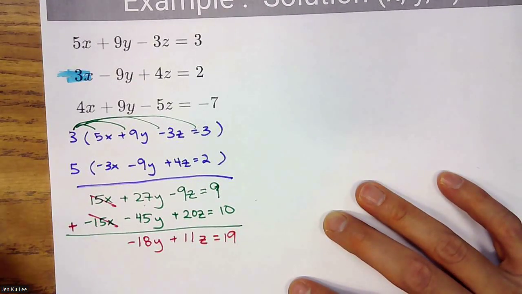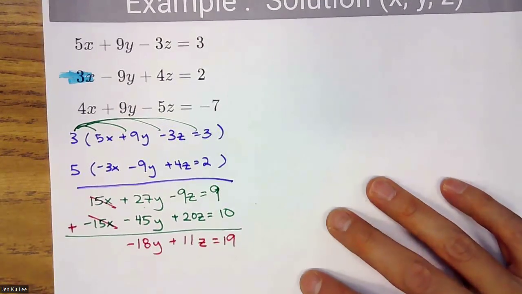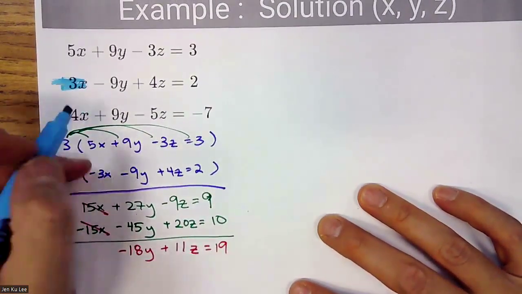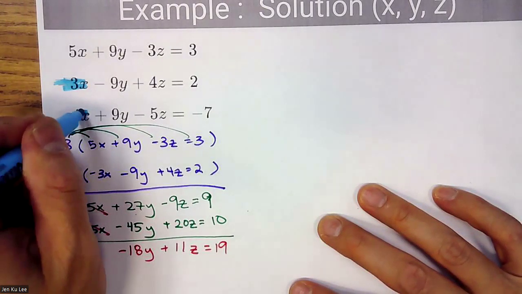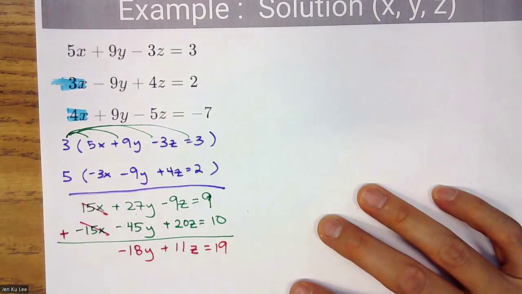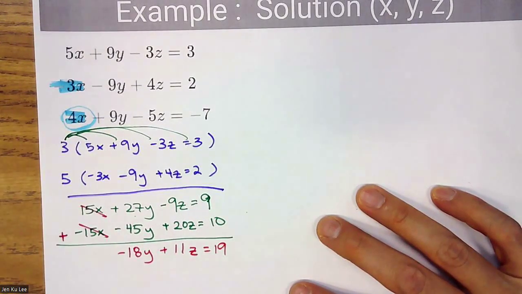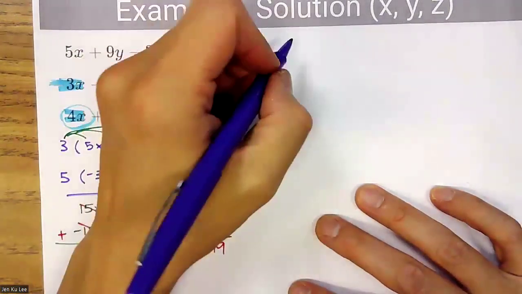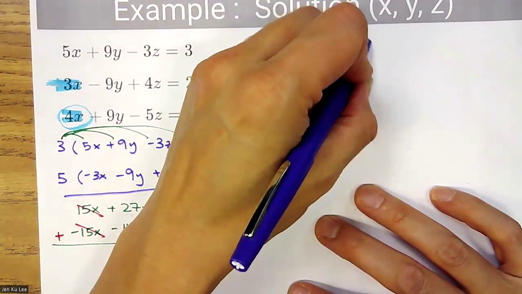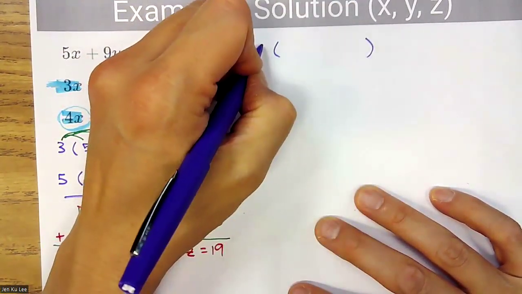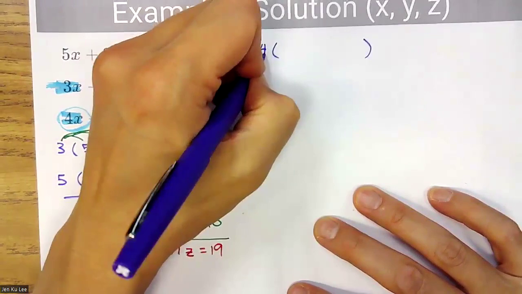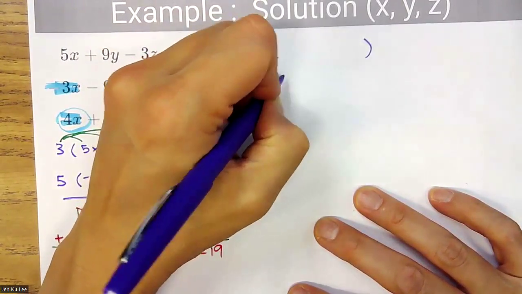Right? Okay. So that's my new equation 2. Trying to get rid of this 4x here, I'm going to multiply the top one by 4 and multiply the bottom one by negative 5.